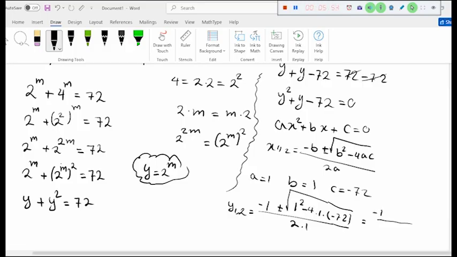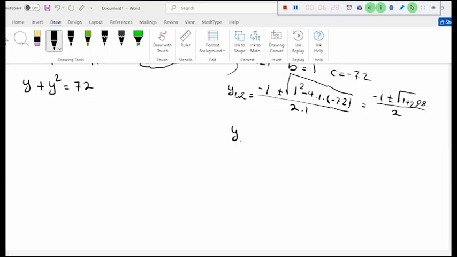Here minus 1 plus or minus the square root of 1 plus 4 multiplied by 72, which is 4 times 7 is 28, and 4 times 2 is 8, so 288 plus 1. Over 2.